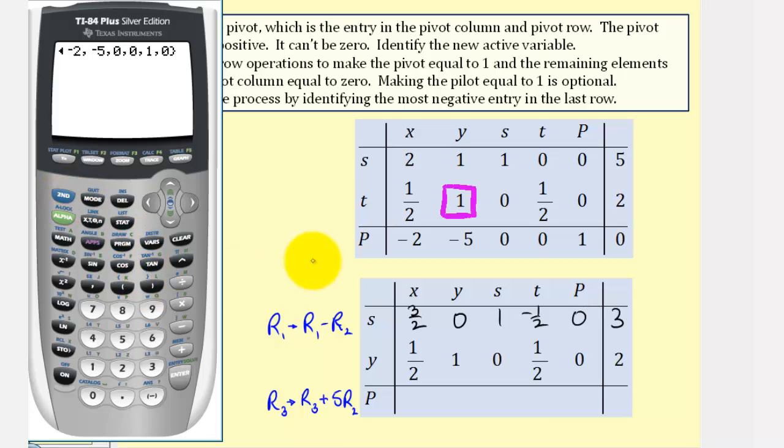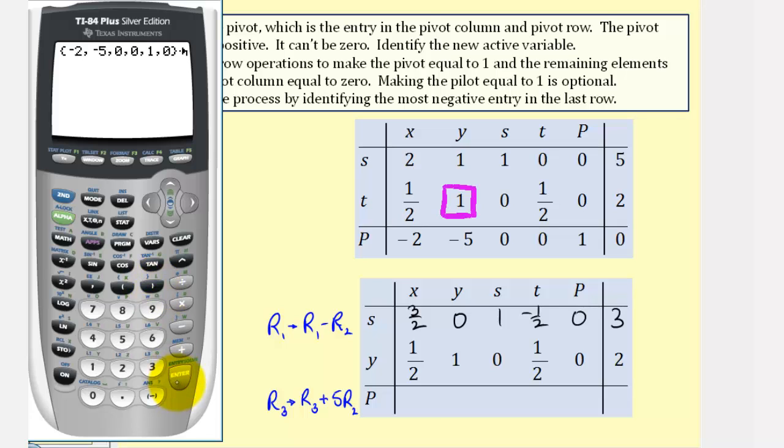So there's row 3, and then plus 5 times row 2, so open squiggly bracket, 1/2, comma, 1, comma, 0, comma, 1/2, comma, 0, comma, 2, and close it.